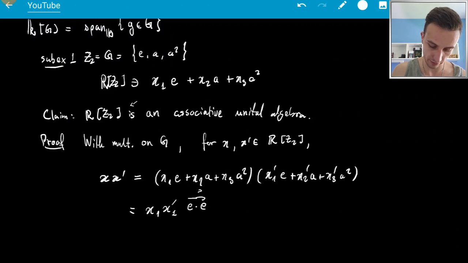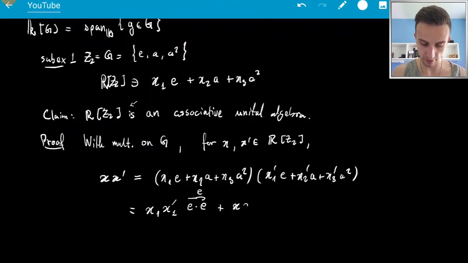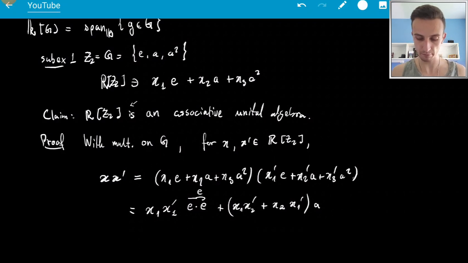So e times e will give e. I can do the other ones in my head. So for example, it'll give me x1 x2 prime a. And it'll give me also x2 x1 prime a. Will give me any more a's? It will, right? Because of a squared with a squared. So in the cyclic group, a squared times a squared is a. So I'll add another element into a: x3 x3 prime a.